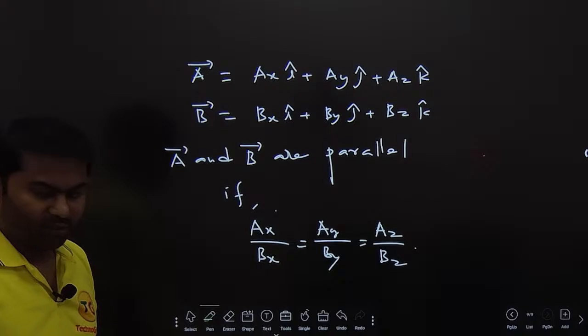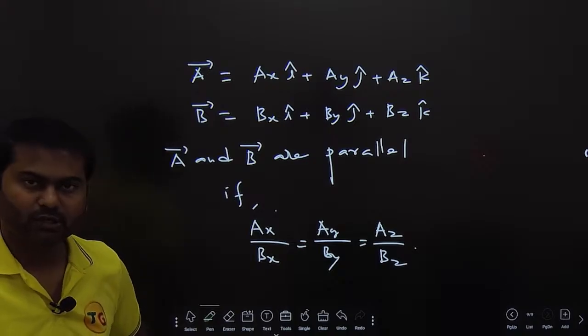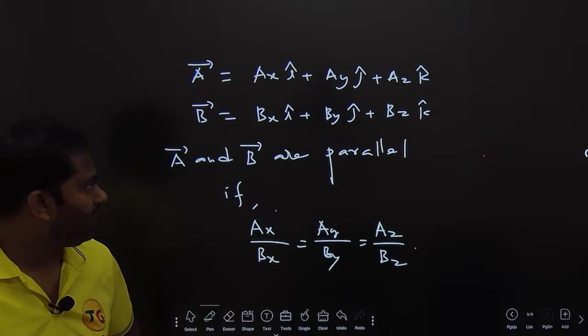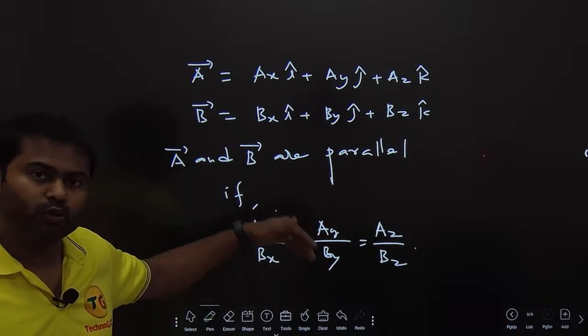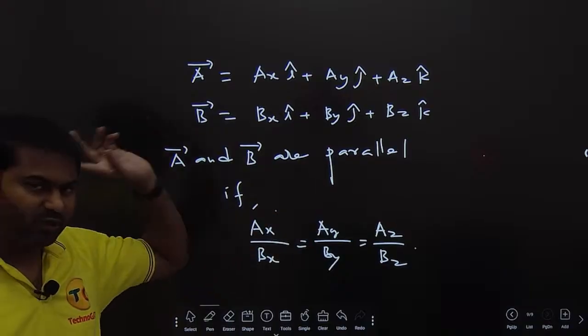This ratio should be maintained. Then only the two vectors are parallel. That's the condition. So let us apply that.